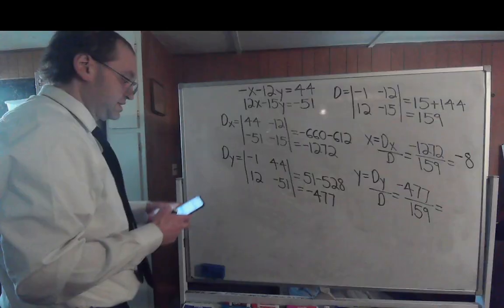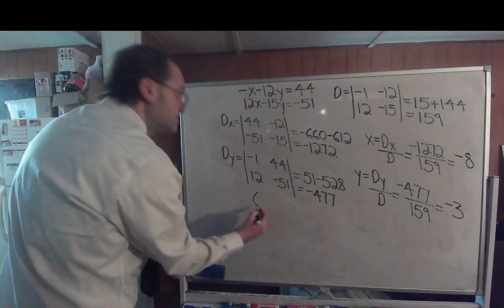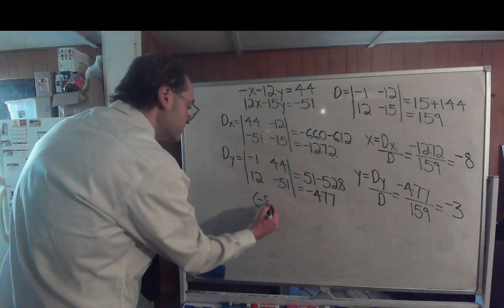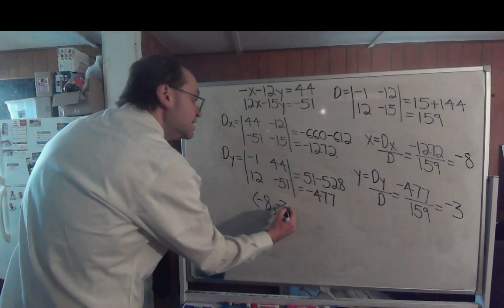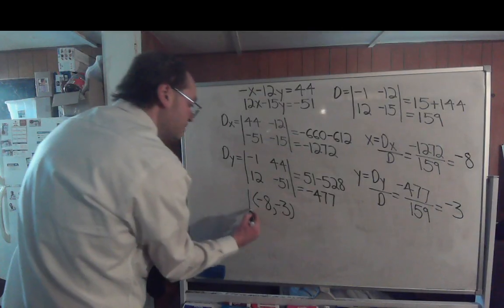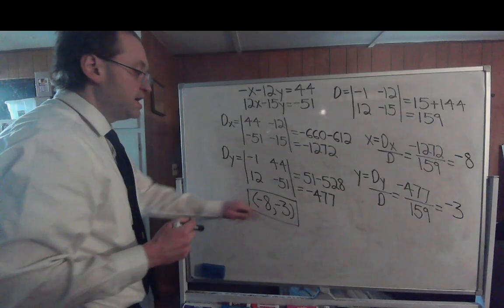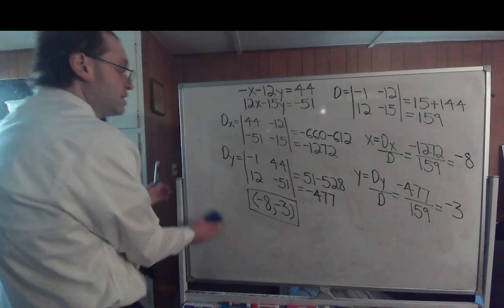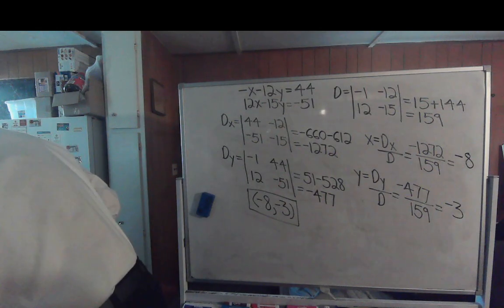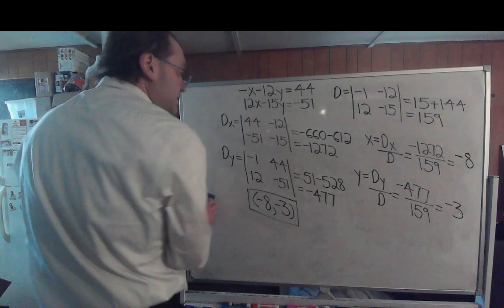Yep, it sure is. So y would have a value of negative 3. So now we know both x and y, so our ordered pair that's the solution would be negative 8, negative 3. That is the ordered pair that's the solution to the system. Negative 8, negative 3. And I should have about 4 more left.